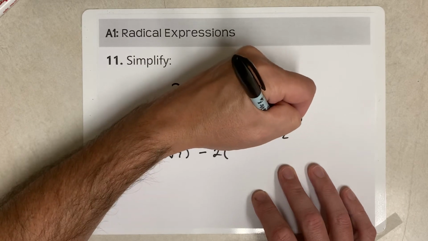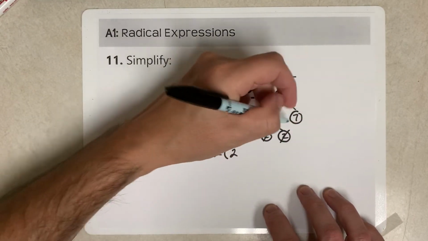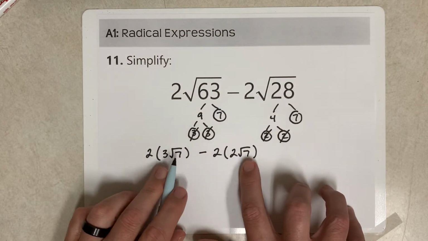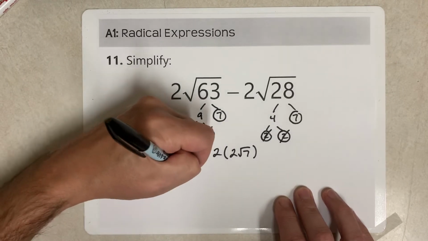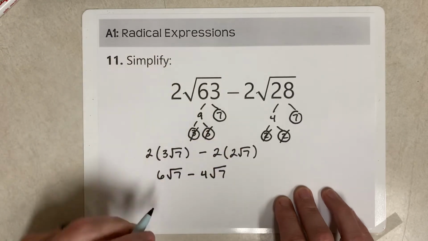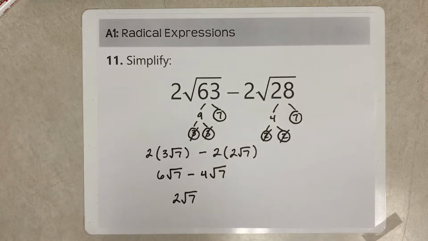So we all kind of see by now what's going to happen. 2 comes out, root 7 stays. And it's nice because I got root 7s now. 2 times 3 is 6, root 7, minus 2 times 2 is 4, root 7. 6 take away 4 is 2, and 2 root 7 is going to be my final answer for that one.